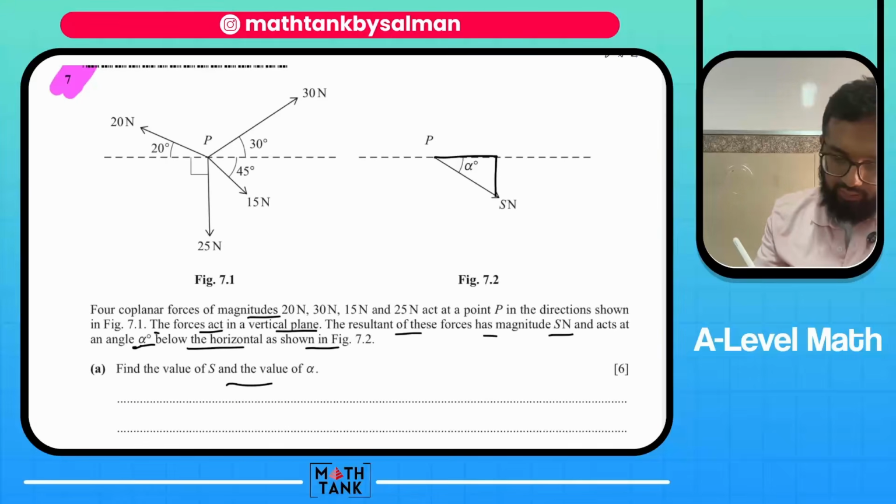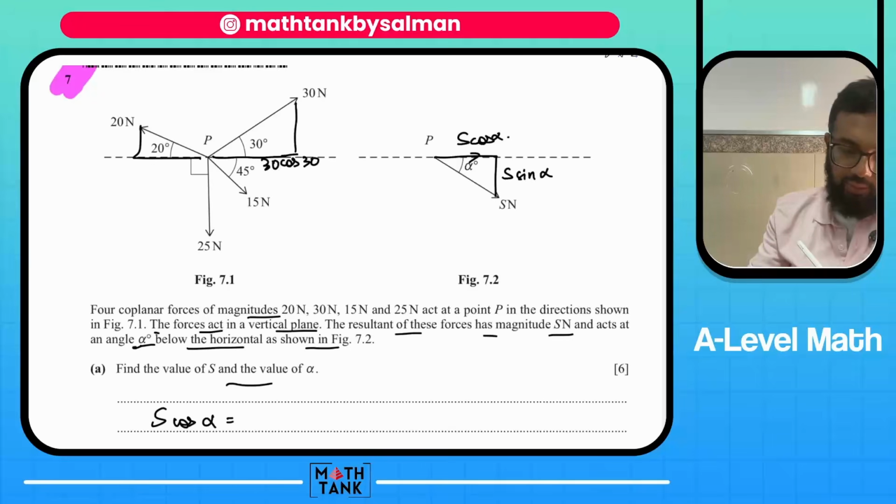I can say that this is S sine alpha and S cos alpha. So S cos alpha will basically be the horizontal resultant. How will I figure out the horizontal resultant? I'm going to say that this is 30 cos 30, this is 20 cos 20, and 15 cos 45.